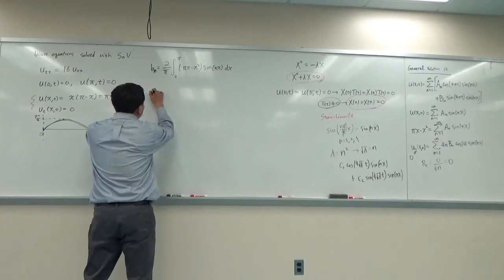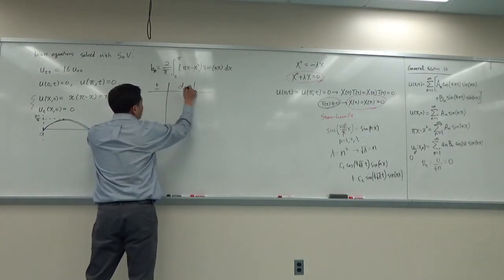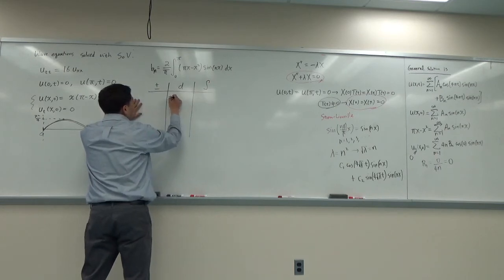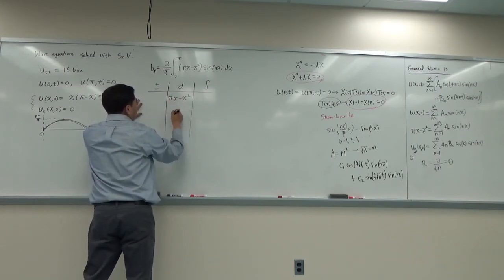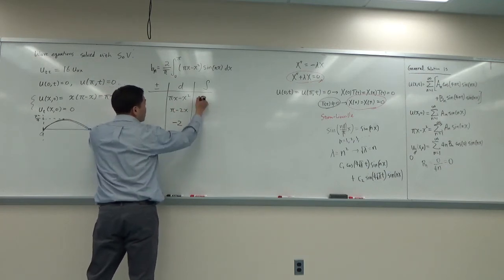So let's do the tabular method. Plus, minus. d, integral. Pi x minus x squared differentiates to pi minus 2x, differentiates to negative 2, differentiates to 0.